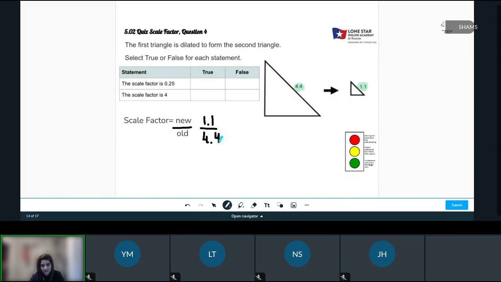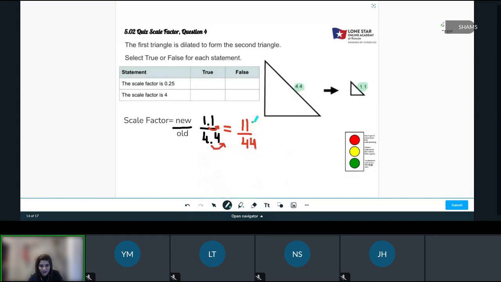And remember, when you get rid of decimals, you can think about the numbers much more easily. So in my head, I am thinking of multiplying by 10. So multiplying by 10 makes it 11. And multiplying by 10 over here in the denominator makes it 44. What I can do is simply divide by 11.